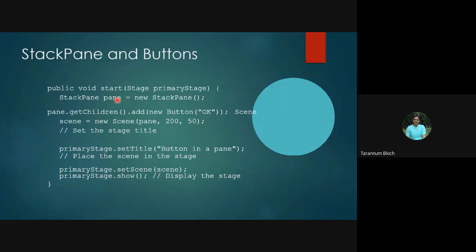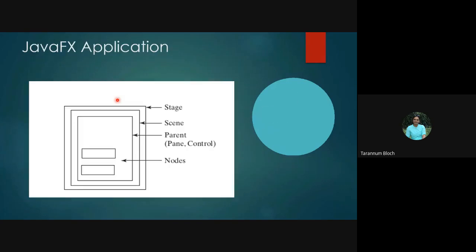Once the object is available, now we can add the node. You see here, parent is this entire pane, and inside the parent, which could be a pane or control, we can add nodes. So our next node is button. Fine. So we will add this node into the pane. So what we have to do is, pane is the parent.